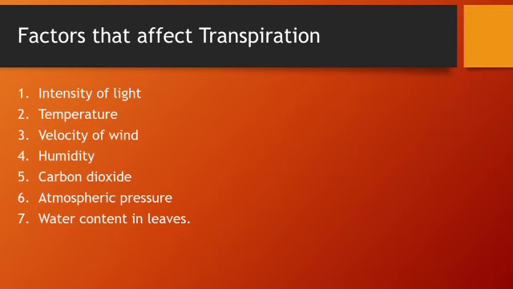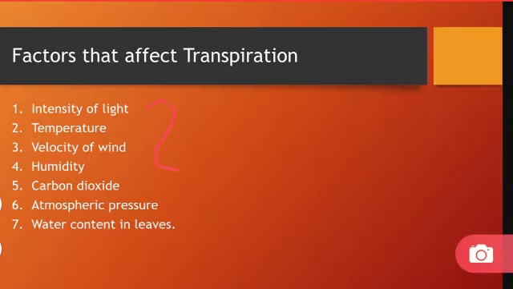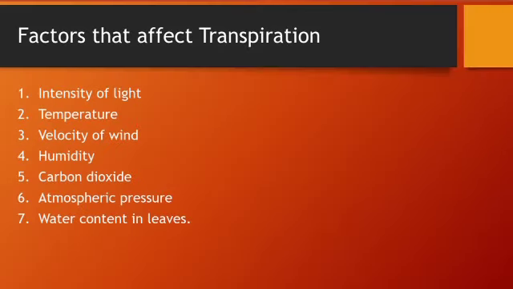If water content is more, transpiration will be more, and if water is less absorbed by the plant, transpiration will also decrease. The above six factors are the external factors, and the last one is the internal factor of the leaf. So these are the factors which affect transpiration.